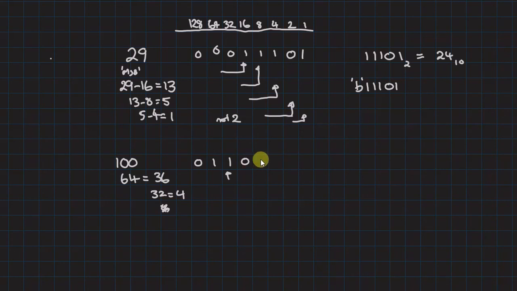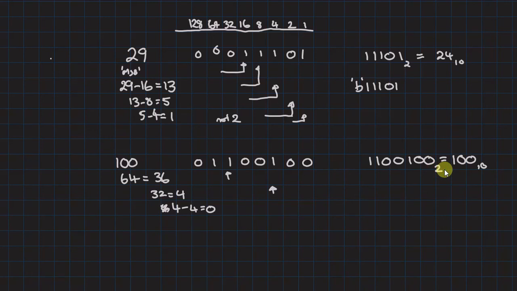Don't need a 16, don't need an 8, but I now need 4. 4 is the bit that's left. There's nothing left over, so 4 minus 4 equals 0. All remaining places need to be zeros. So now I can say 100 is written as 1100100. That's 100 decimal.